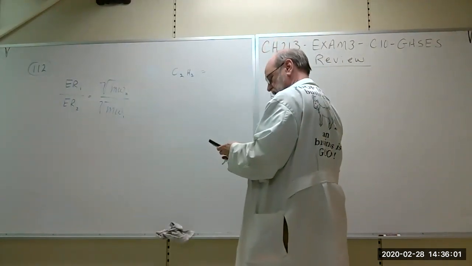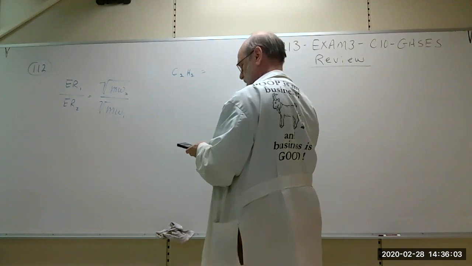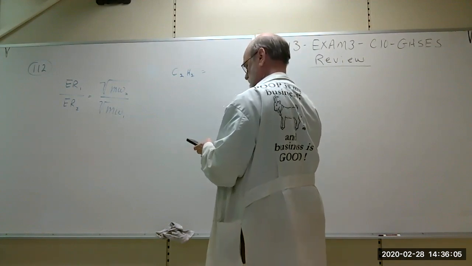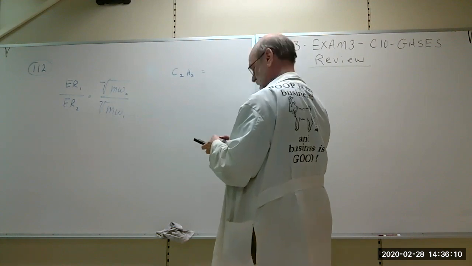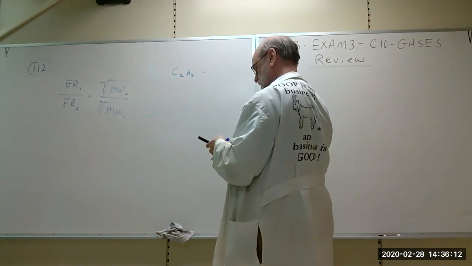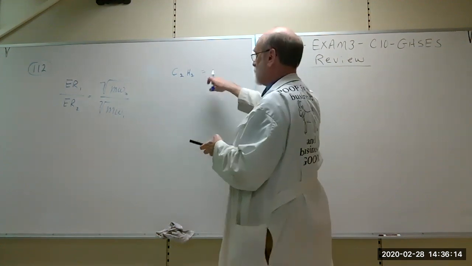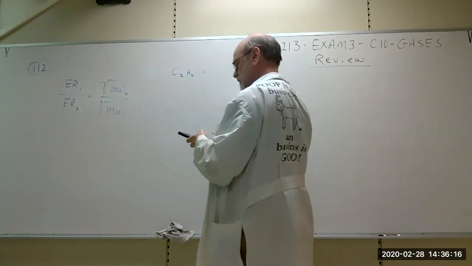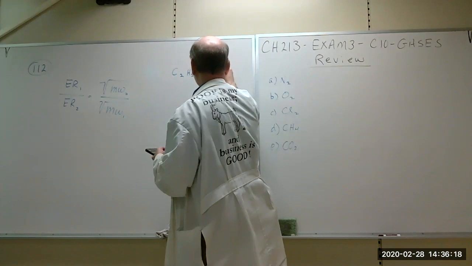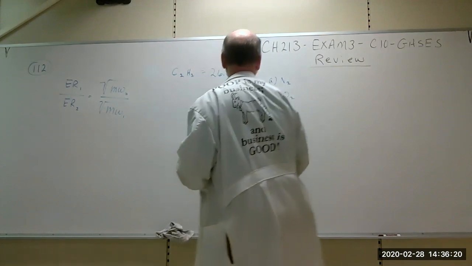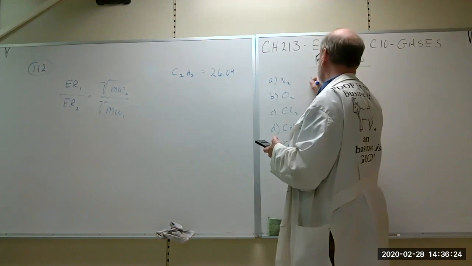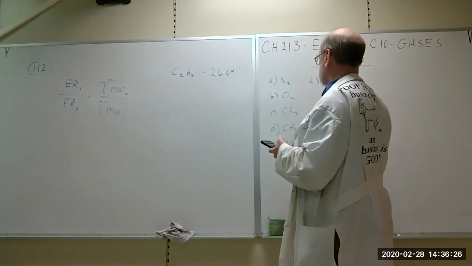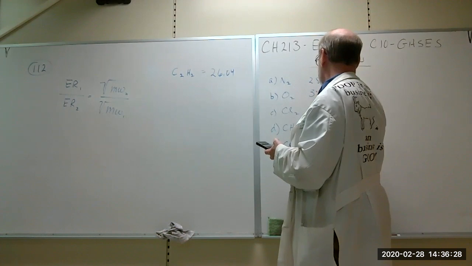So that one is 12.01 times 2, and then actually 2.02, because we have 2 hydrogens. So this one's 26.04. This one is 28.02. This one is 32.